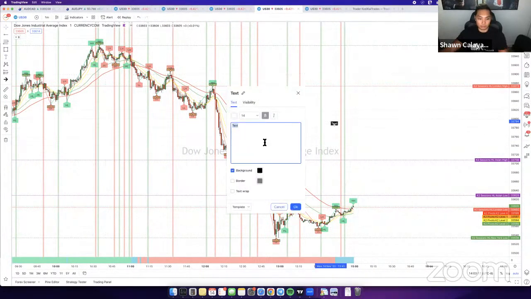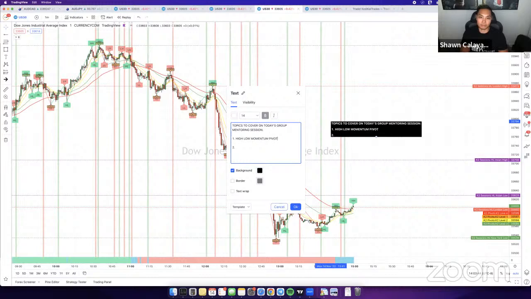I'm going to put a list up here. So topics to cover today during the session. So let's see. All right, so first topic is going to be the high-low momentum pivot scalp.